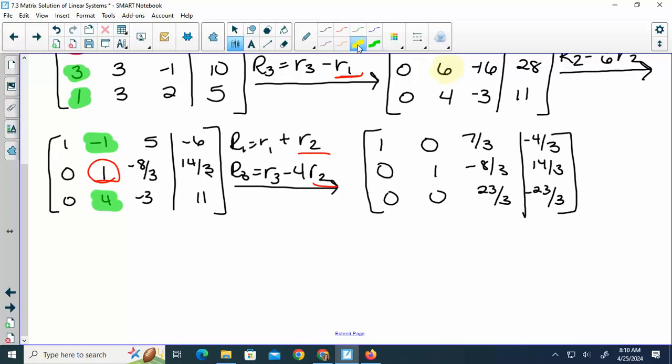What's next? Multiply by 3/23. We need that to be a 1. So we multiply that 3 over 23.